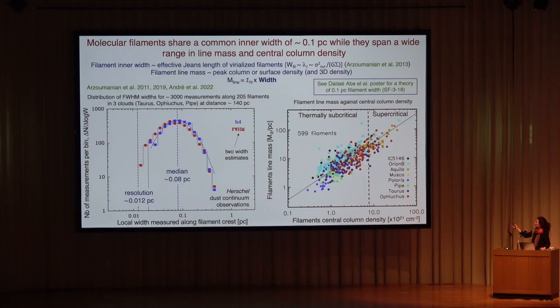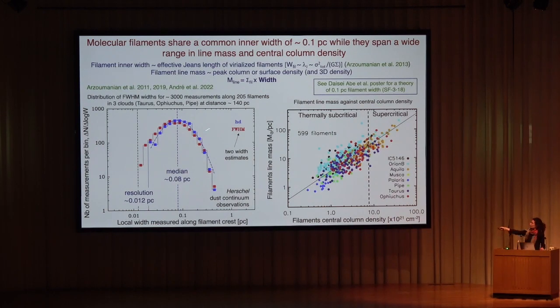So while these filaments span a broad range in central column density and line mass, as you can see on this plot, these two quantities show a linear relation, and the proportionality between these two quantities is the width. So the fact that these two quantities show a linear relation suggests that the width doesn't vary much between these filaments.